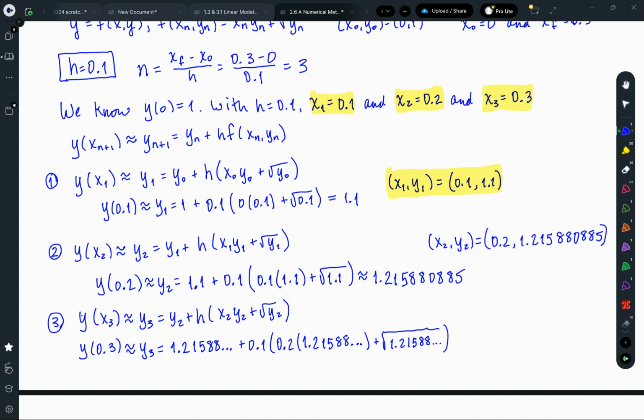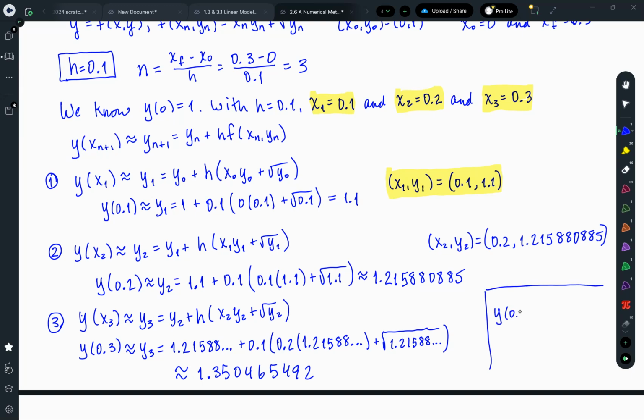And then I let my calculator do the work, and what I get is approximately 1.350465492. Okay, now all that work, and the final answer is going to be in this box here, okay?